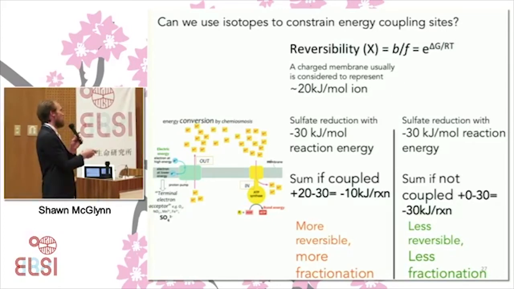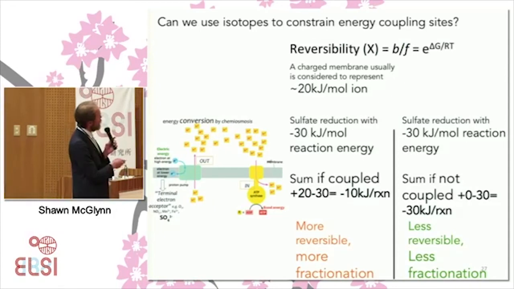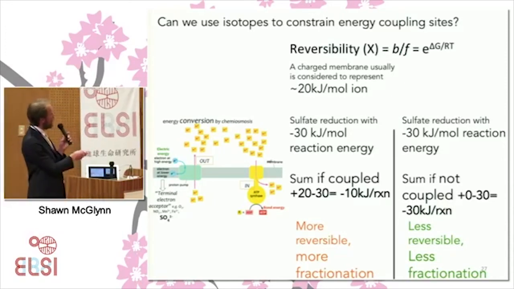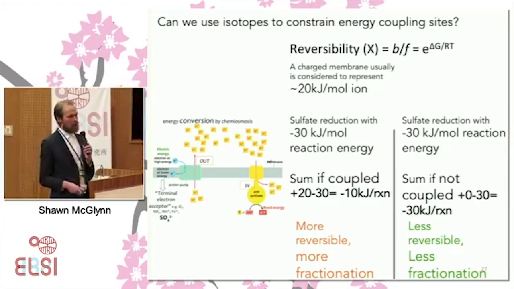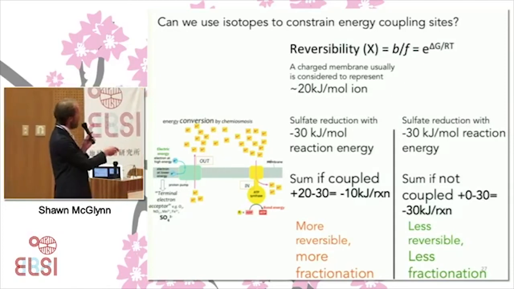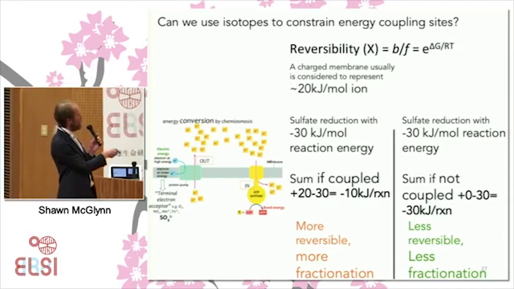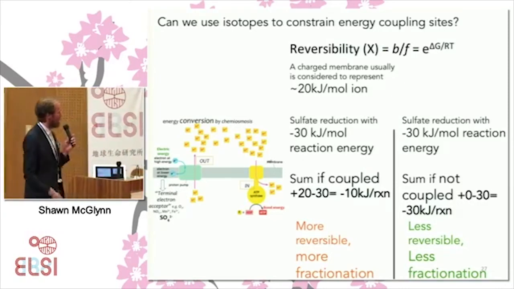But you could imagine growing sulfate reducers with a chemical potential for their metabolism, and you could set them by modulating the concentrations and the temperature, and you could grow them at this potential, and you could say, well, if this organism was pushing against a membrane-bound ion potential of 180 millivolts, that would translate into about 20 kilojoules per mole, and then you would expect the cells to have a remaining amount of energy of about 10 kilojoules per mole of reaction.